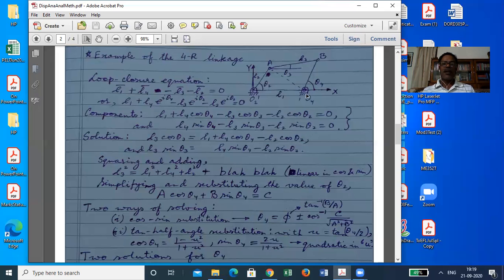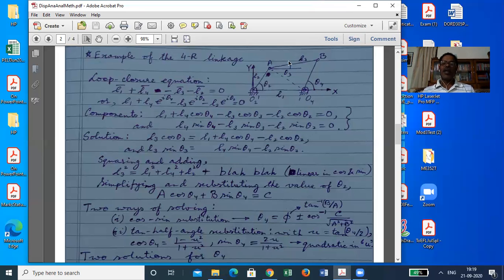Okay. So you see, in this case, this is one value of theta 4, and there can be another value because there can be another position of B, which is the mirror image across AO4 somewhere here. So for that, this huge angle or this negative obtuse angle, that also will be valid.